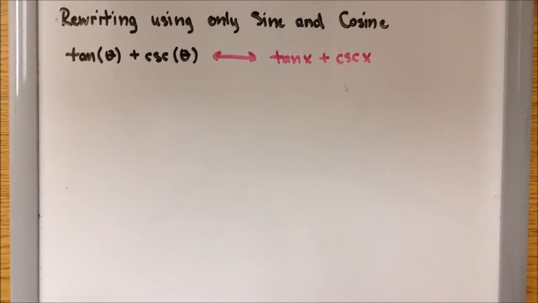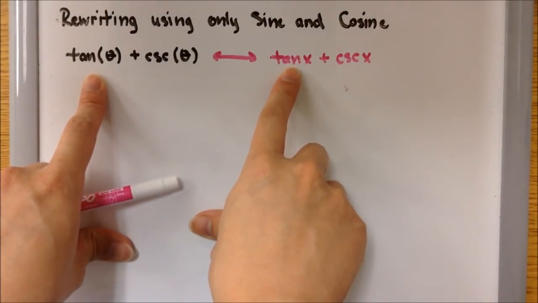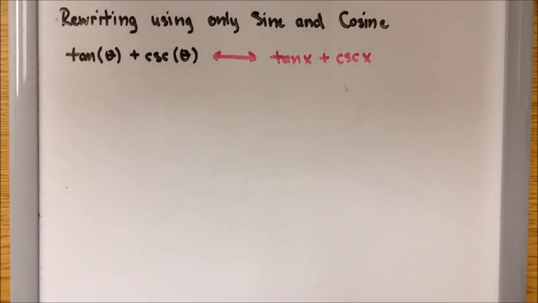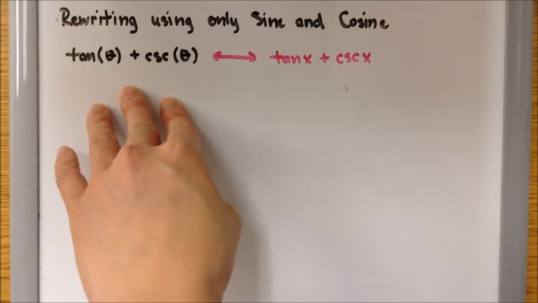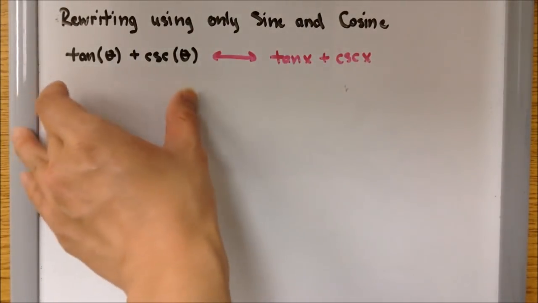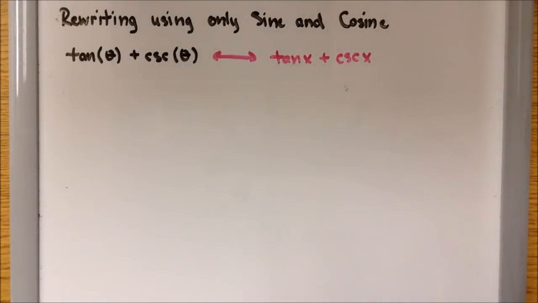When you see something like that, it just means tangent theta is the same thing as tangent x, cosecant theta is the same thing as cosecant x. Just different letters or different angles, but it still means the same thing. But I'm still going to work with this. The process still applies for both of them. Here we're using theta, over here we're just using x. They're both variables.